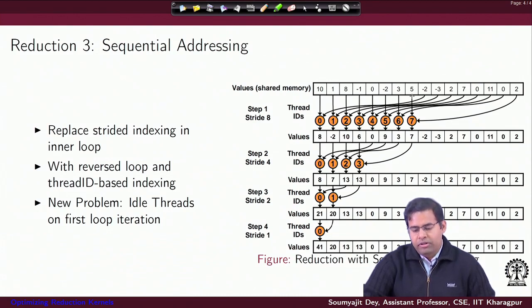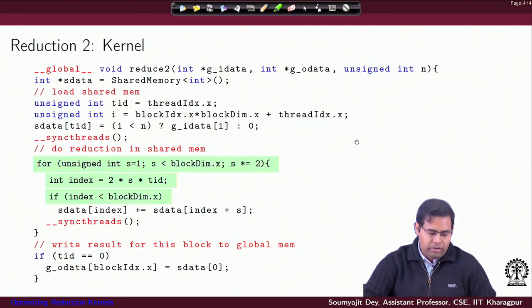So, every TID that is going to really get into the loop will be less than this stride value. As you can see, here the stride value is this much, so the TIDs that are going to get into the loop should be up to this. In the next iteration, the stride value is this, and the TIDs that should be active should be less than this, and so on and so forth.